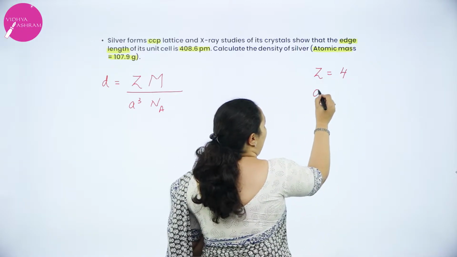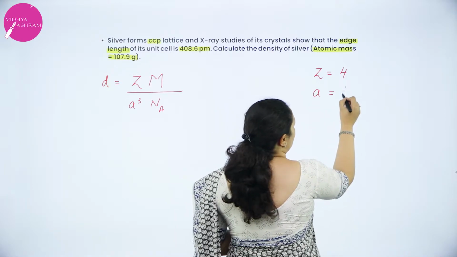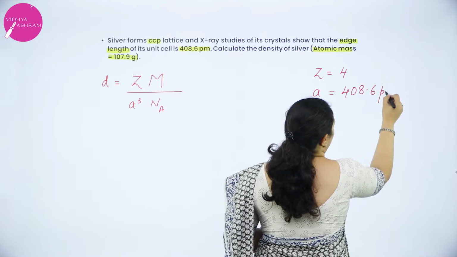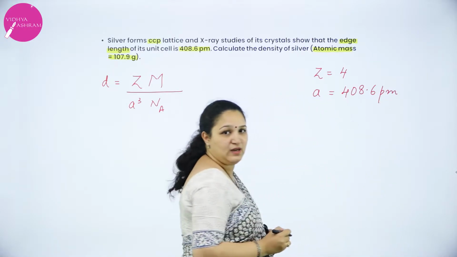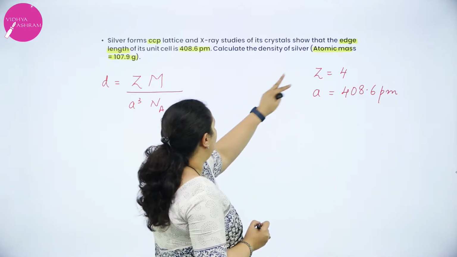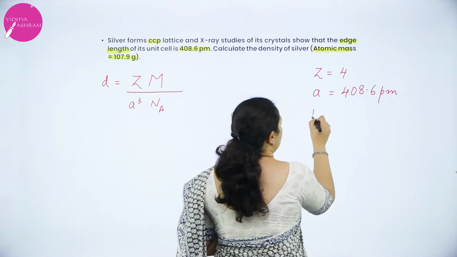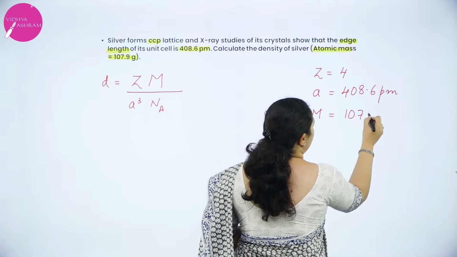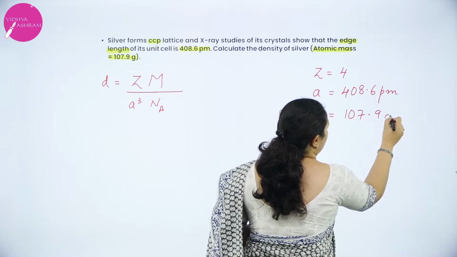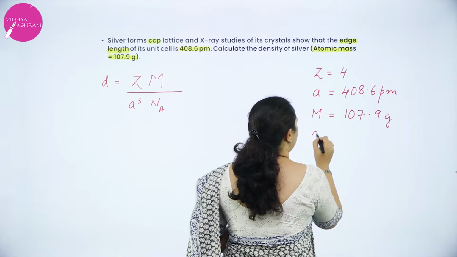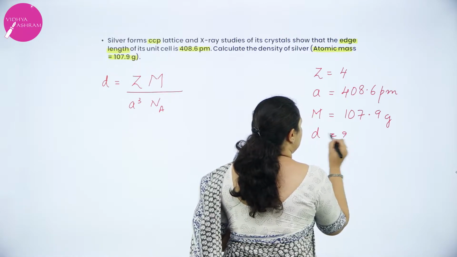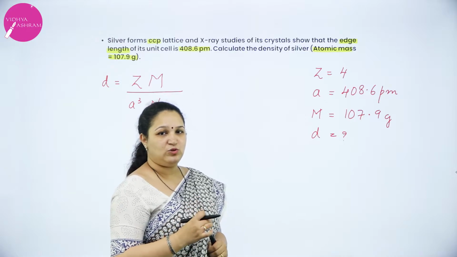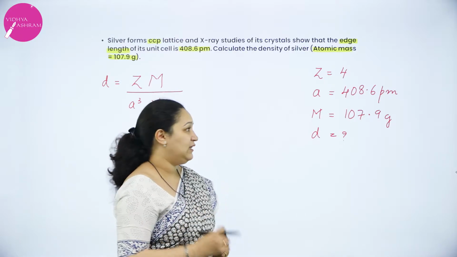Then they have given edge length, that is A is equal to 408.6 picometer. Then they have given the atomic mass, that is M, which is 107.9 grams. Now you are supposed to calculate the density. Avogadro number value we know is 6.022 into 10 power 23.